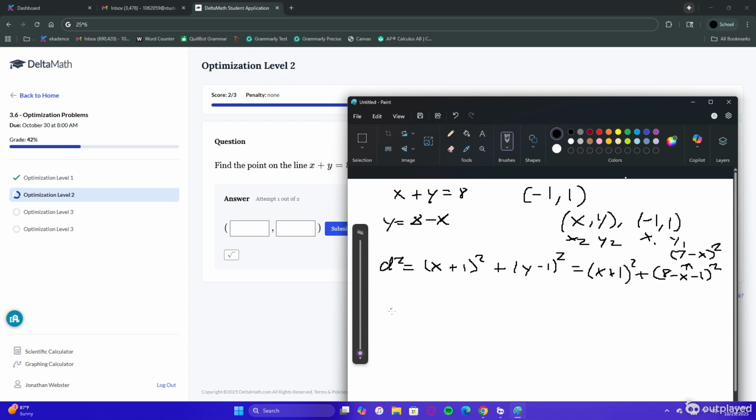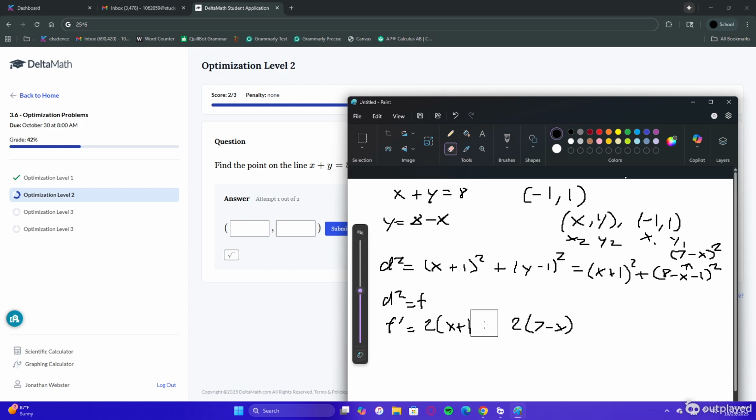So now, let's set d squared equal to f. So our f prime, doing the chain rule, would be 2 times (x plus 1) plus 2 times (7 minus x), and then multiply that by the derivative of negative x, which is negative 1.